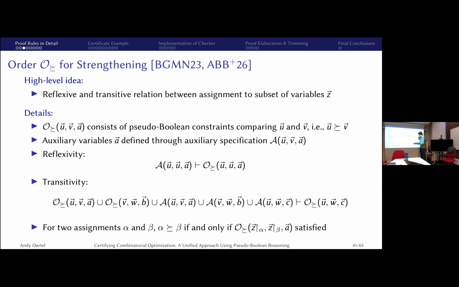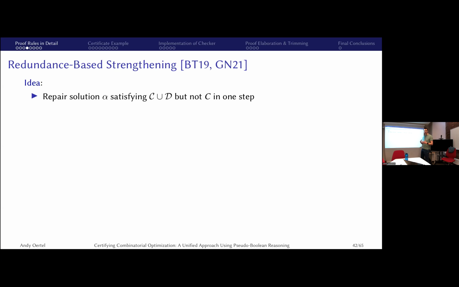Yes, and so with this order, we can now formally give you the definition of redundancy-based strengthening. Remember that the idea was that we want to repair a solution alpha that is satisfied by our core and derived constraints, but not by our new constraint C. And we want to repair this in one step.